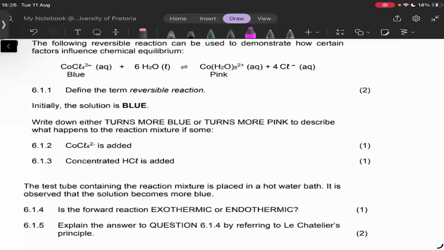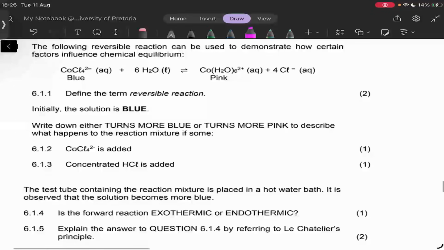Do you guys think it'll turn the solution more blue or more pink if we add whatever they've given us? The answers are rolling in. It does indeed turn the solution more pink.